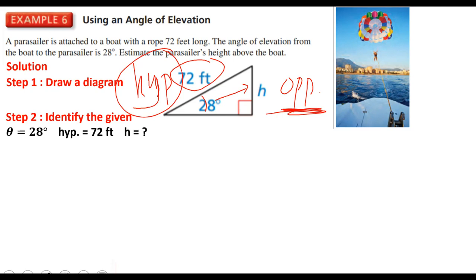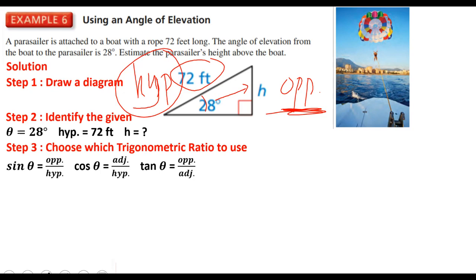So we have hypotenuse and opposite. So we will be choosing now which trigonometric ratio to use to solve this problem. So these are your three basic trigonometric ratios: sine, cosine, and tangent. So for sine, you have opposite and hypotenuse. So there, that's what we need.